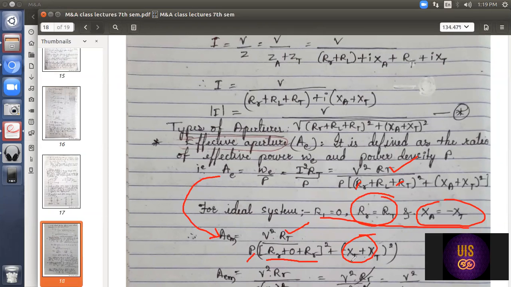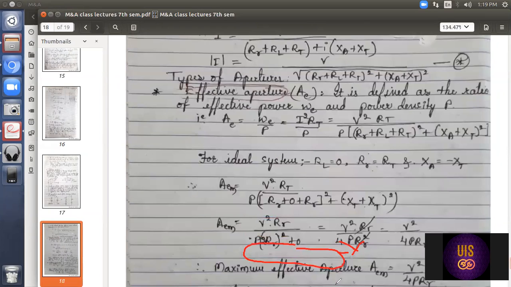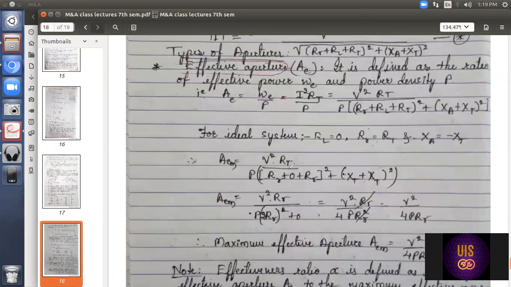Yes, on both sides. I think I have done some mistake. Check it. No, it's negative. No, fine. Minus XT plus XT, this will go 0. Now let's see what changes will be here. Numerator as it is, denominator P, RR plus RR whole square.